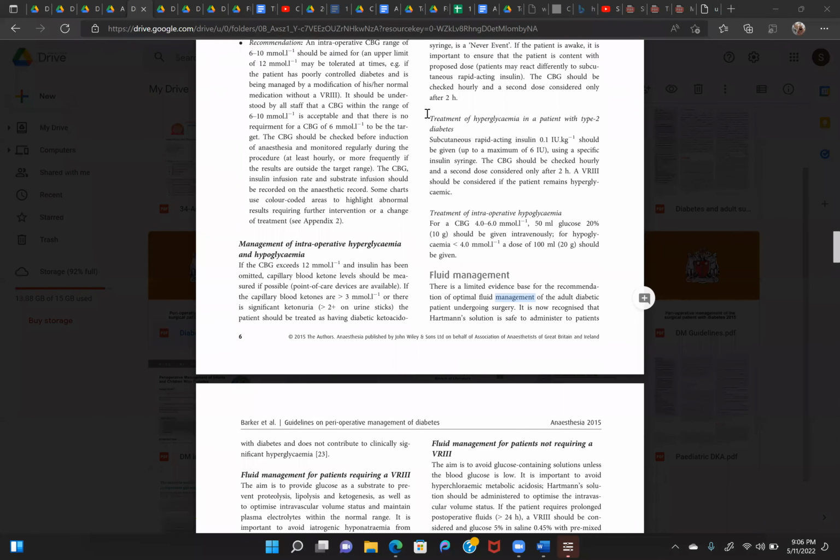Is the first thing insulin or dehydration, when you are talking about management of DKA or hyperosmolar state? The management is dehydration. Even you don't start insulin in very high dose, you first correct the dehydration. The more important thing is dehydration.